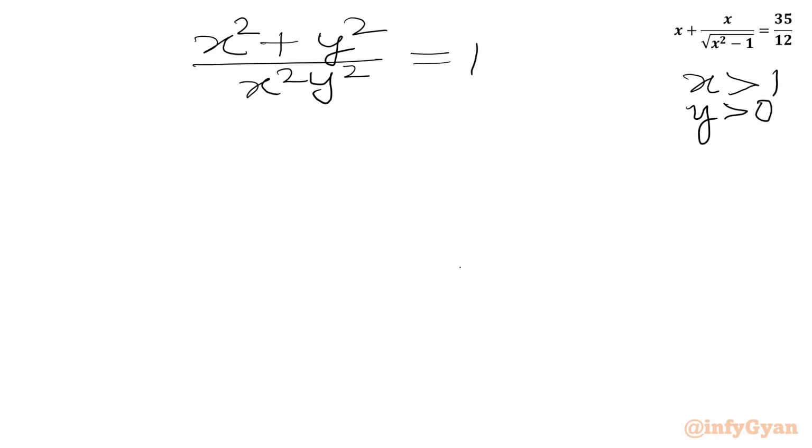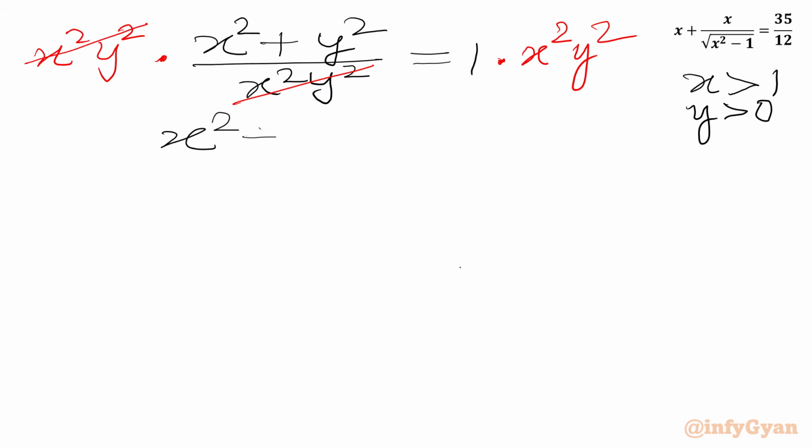We'll multiply both sides by x square y square. Now we can cancel x square y square from the LHS denominator and numerator, and we will get x square plus y square equal to x square y square.